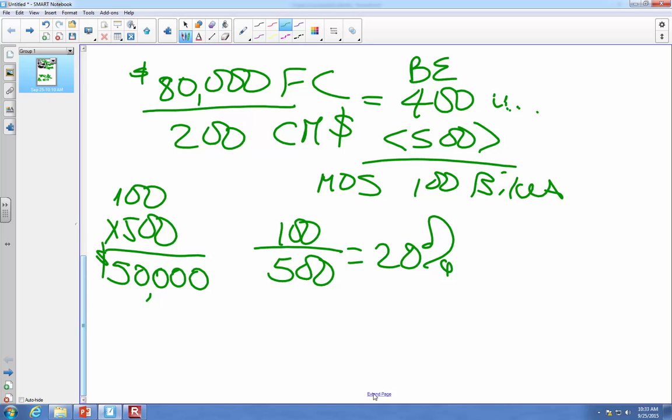So margin of safety can be quoted in lots of different ways. Number of units. And before you can get margin of safety, you've obviously got to get what? Break even. And I've got to tell you what the actual is. What am I actually selling?